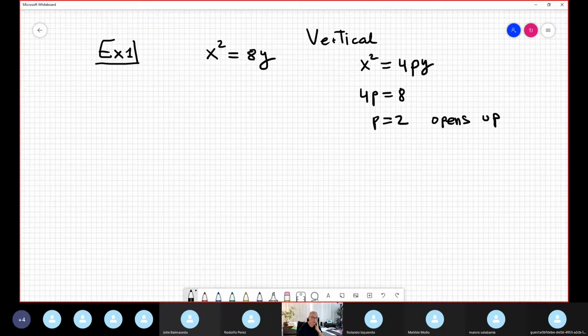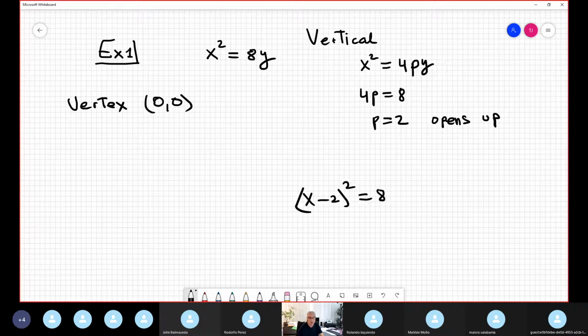What about the vertex of this parabola? Remember, the vertex is the turning point. You see, we have no transformation, no h, no k, so the vertex is located at the origin, 0,0. Make sense? In another problem, you see (x minus 2) squared equals y plus 3.